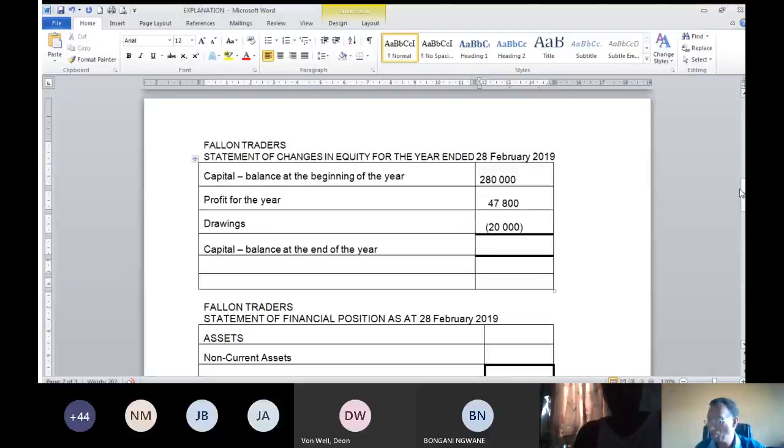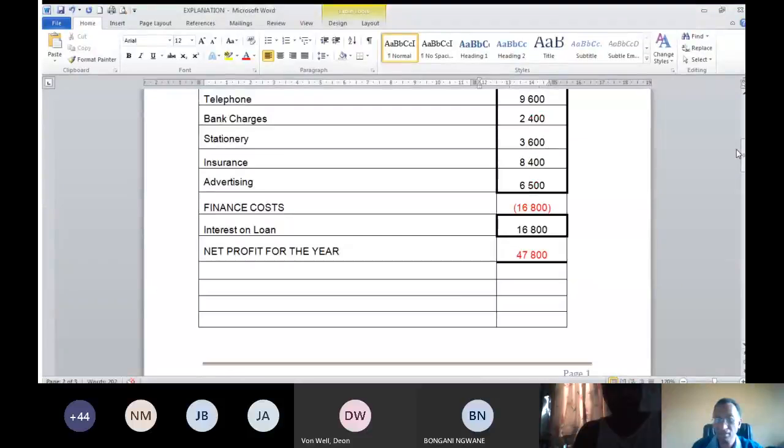Calculate that amount, it's the 280,000 plus the 47,800 minus the 20,000 rand, and that will give you an amount of, something is not right. 280,000 plus 47,800 minus 20,000 rand. Guys, something is not right here.